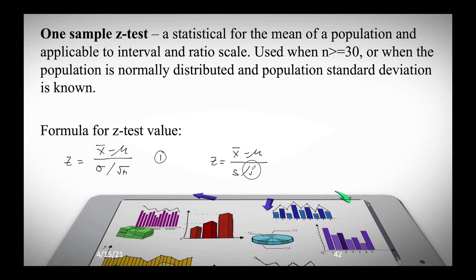So all over square root of n. So this will be our second formula. This first formula will be used if the given is population standard deviation, and if the given is sample standard deviation, this will be the formula that we're going to use, the second one. Okay, so that is basically the difference between the two.